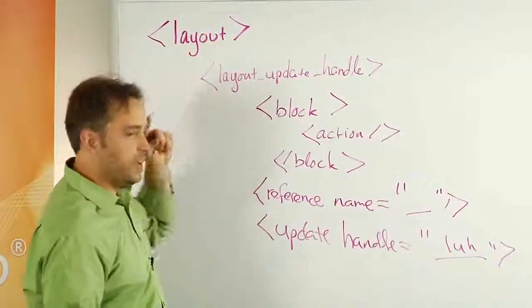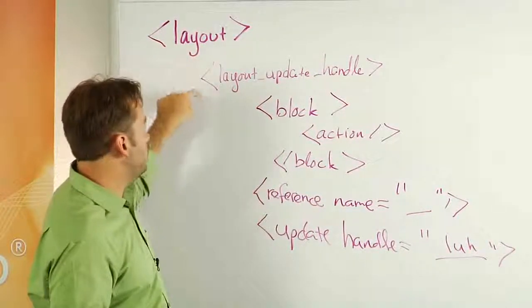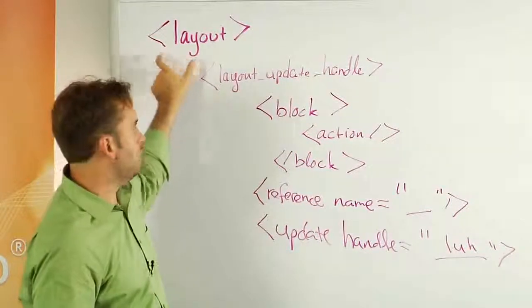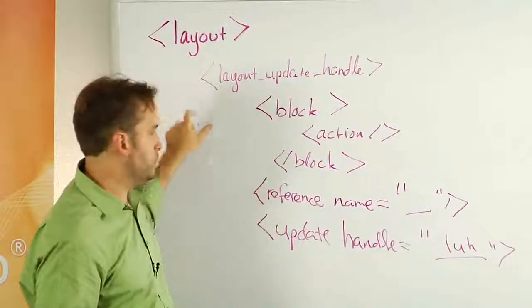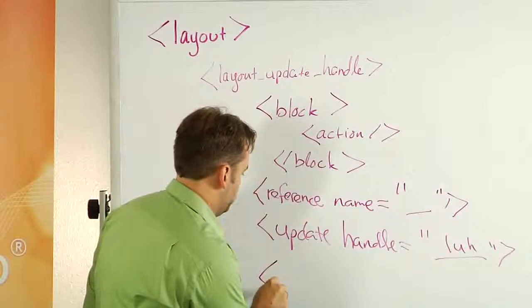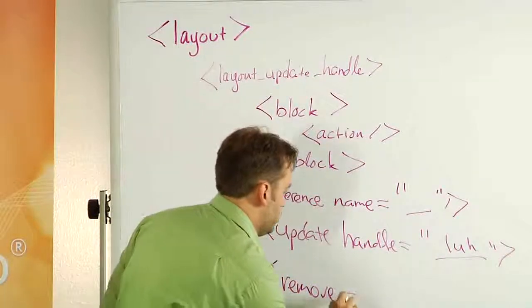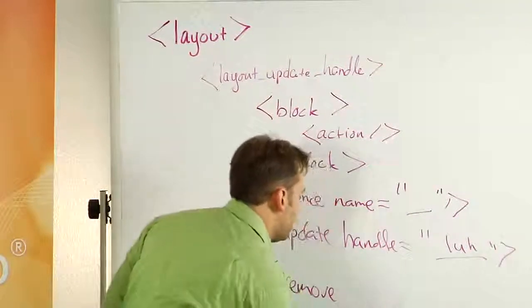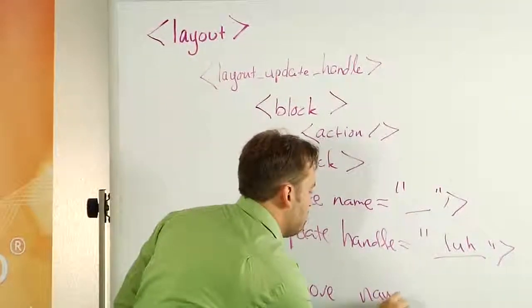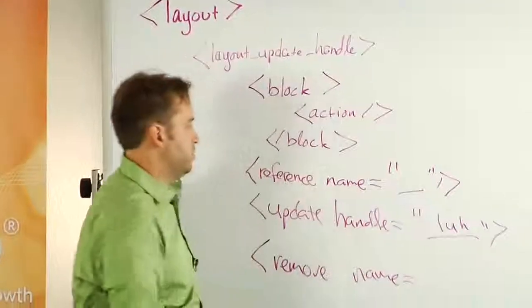So the thing to remember is the only thing that you'll find directly under layout are layout update handles. And remove takes one attribute, and that is a name of some block in the system.